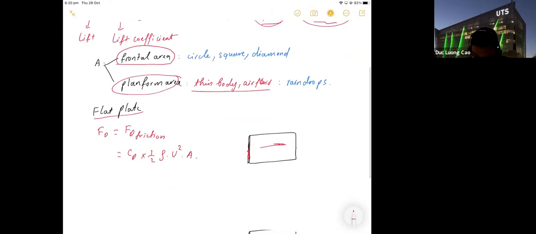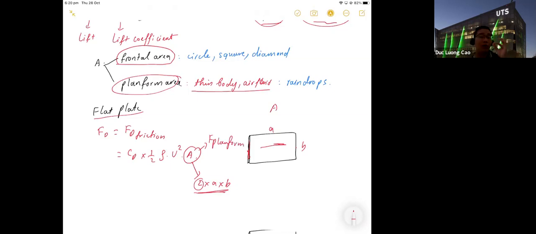For example, if the flat plate is A by B, this area will be 2 times A times B, and the 2 is there because of the two sides and the resistance on both sides. This is the planform area, not the frontal area.